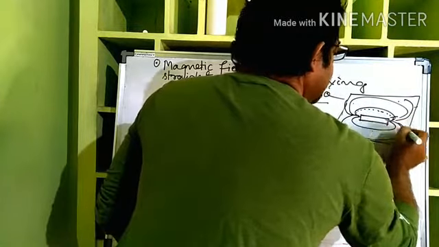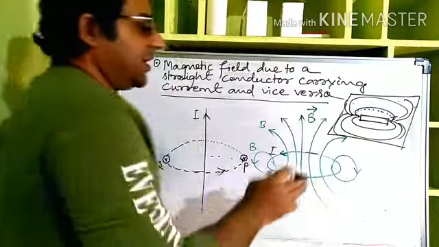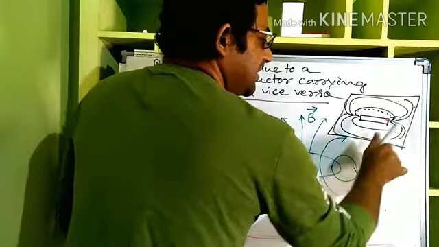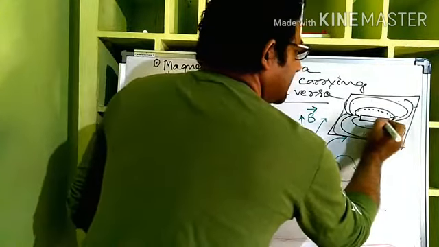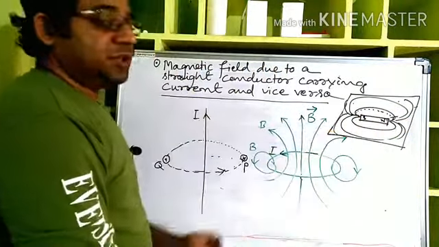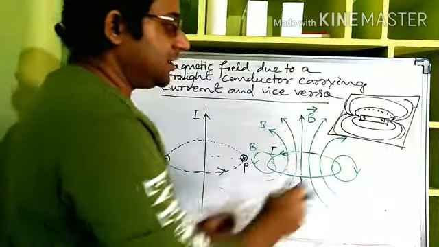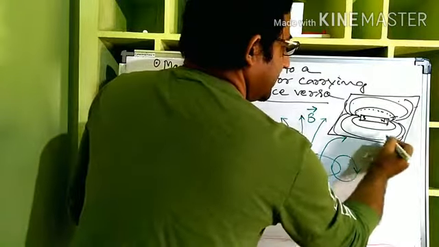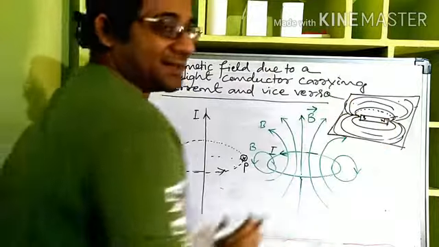Along certain lines they got aligned, and again you disturb this, again you tap this, and they got aligned. If this side was north, this side was south, it was coming out of north, going into south, all those things we assumed. But what we saw with our eyes is they got arranged along some pattern like this.